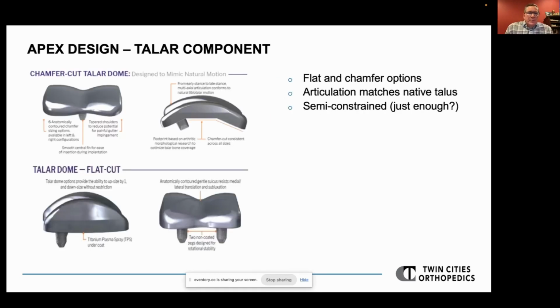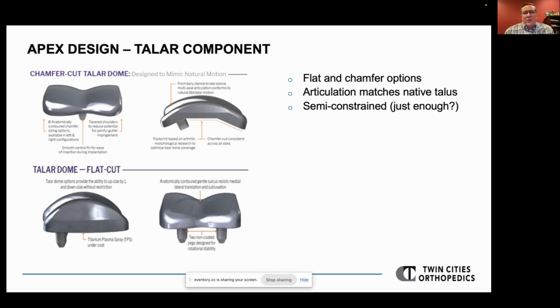Talk a little bit about the design of the talar component. It offers both the flat and the chamfer option. You could have a long discussion about whether a flat cut talus or a chamfer talus is better. I think ultimately it's a philosophical discussion, whether you're a believer in a flat cut or a chamfer cut on the talar side. I tend to be a chamfer cut believer, so I like the option of having a chamfer talus, but certainly the flat cut design is available and works very well also.